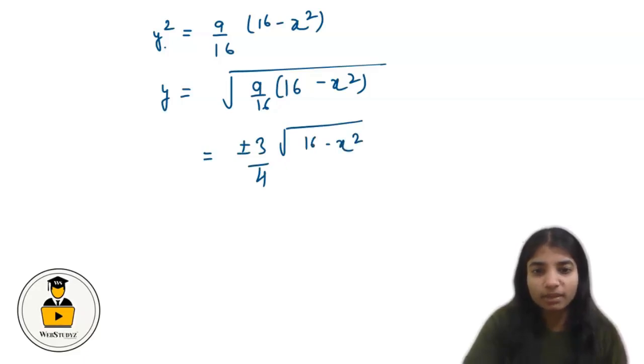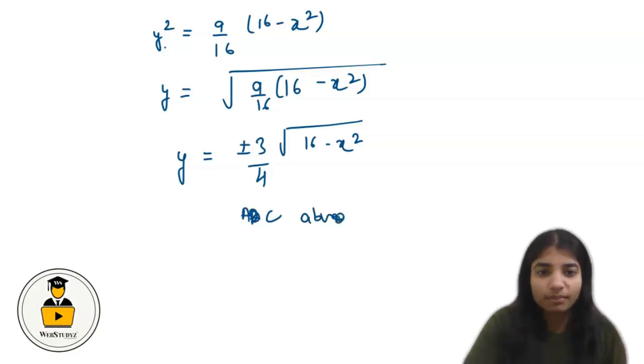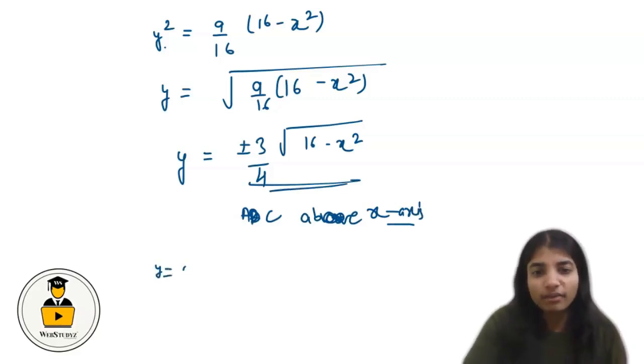So from here this is basically the value of y. Since we are considering that ADC is above the x-axis, this area will always be positive, as area is never negative. So we are taking the value of y as 3 divided by 4 under root of 16 minus x raised to the power 2.